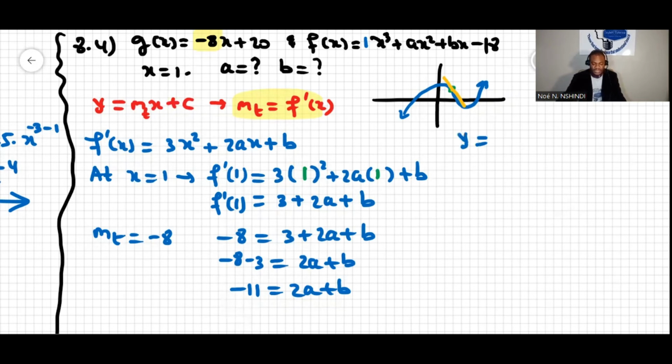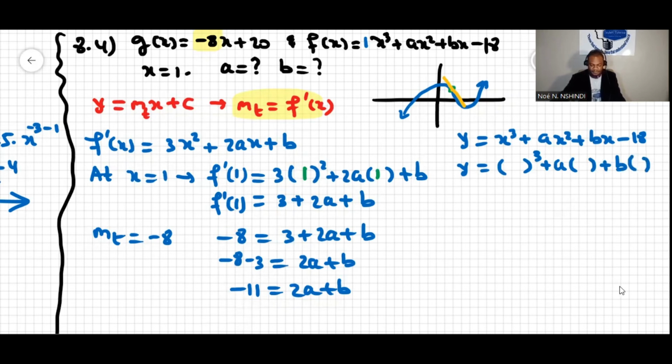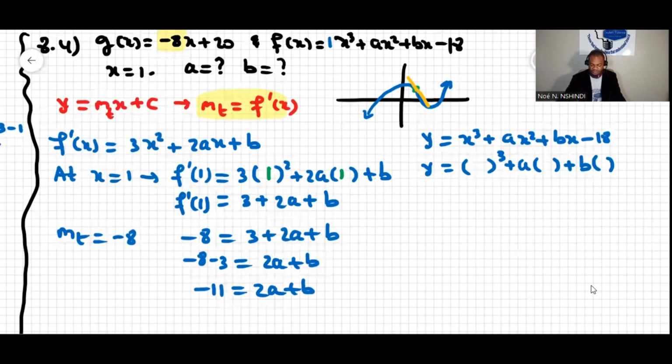So y equals x cubed plus ax squared plus bx minus 18. So I can also find the corresponding y value by substituting the value of x.